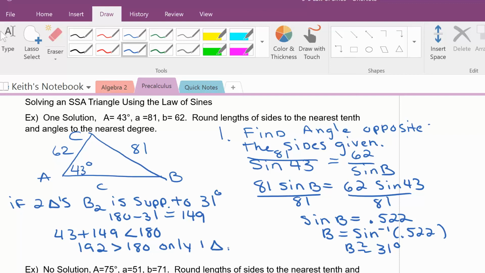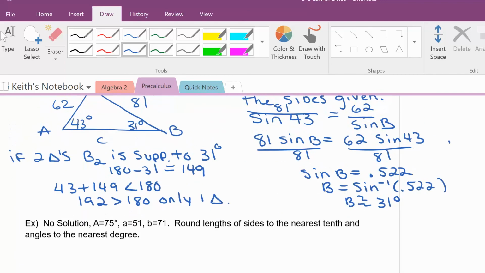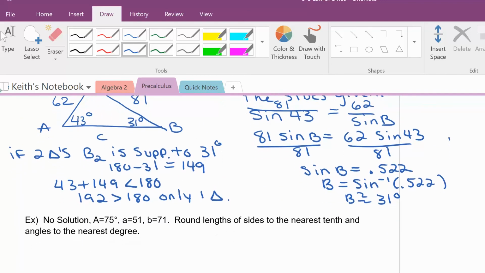Now, the fact that we know there's one triangle, this is 31. We can then find the missing sides. Actually, sorry, we're going to find the angle. So angle C would equal 180 minus 43 plus 31. 180 minus 74 is going to give me 106.